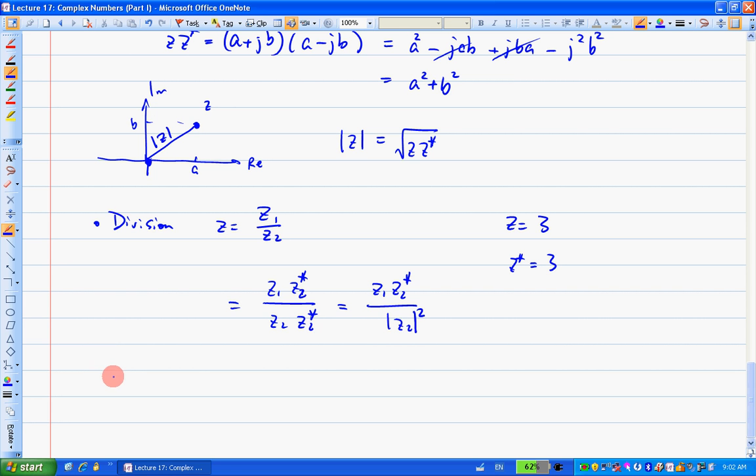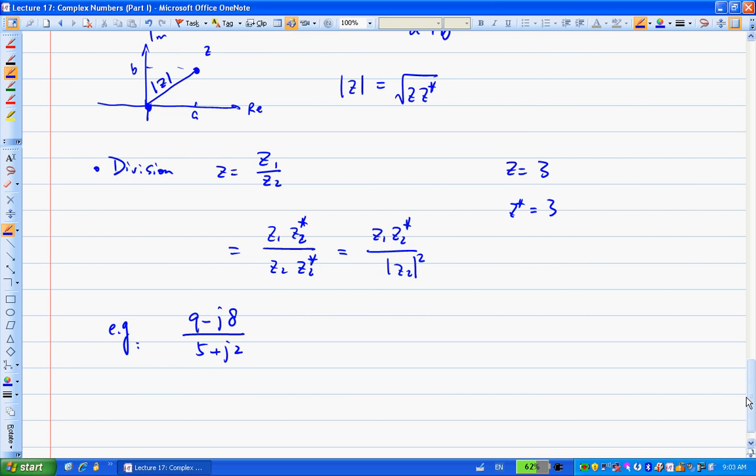Let's take a look at one example. So this complex number divided by this complex number. Let's try the approach that we just showed here, and see how we simplify that.